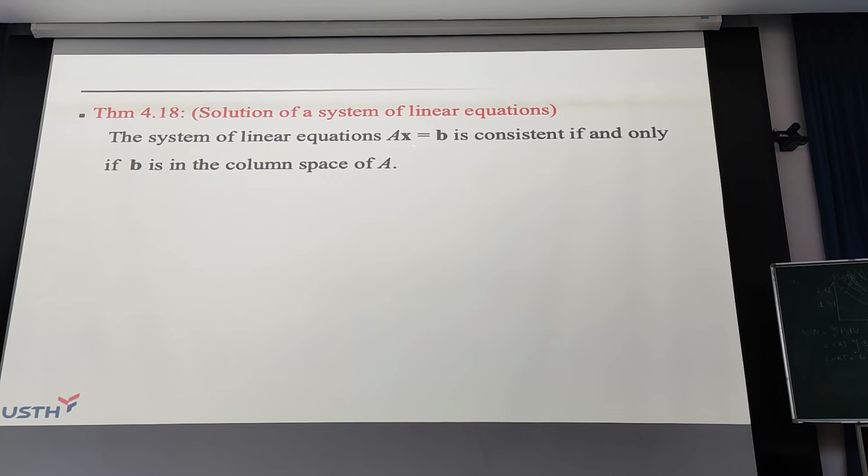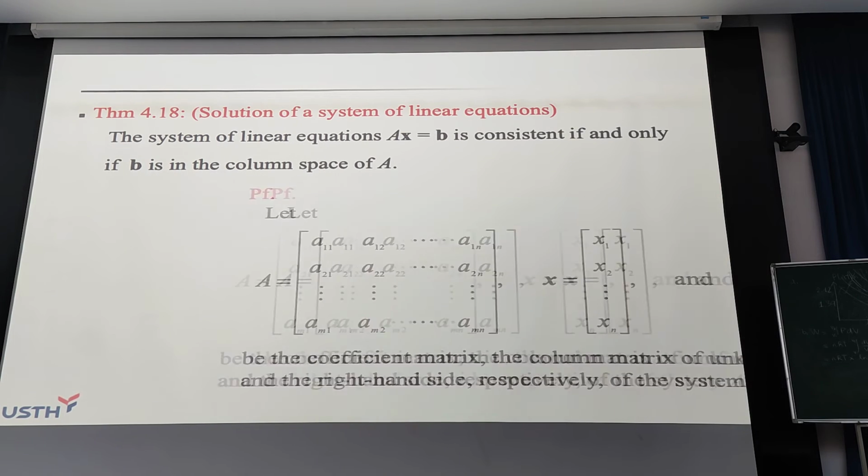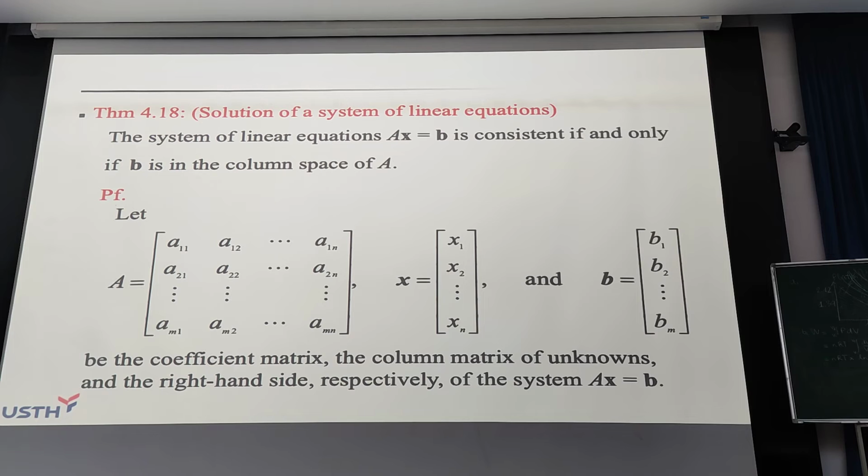The system of linear equations AX equals B is consistent if and only if the column B, or the vector B, belongs to the column space of the matrix A. If B lies inside the column space of A, and here is some example for you.